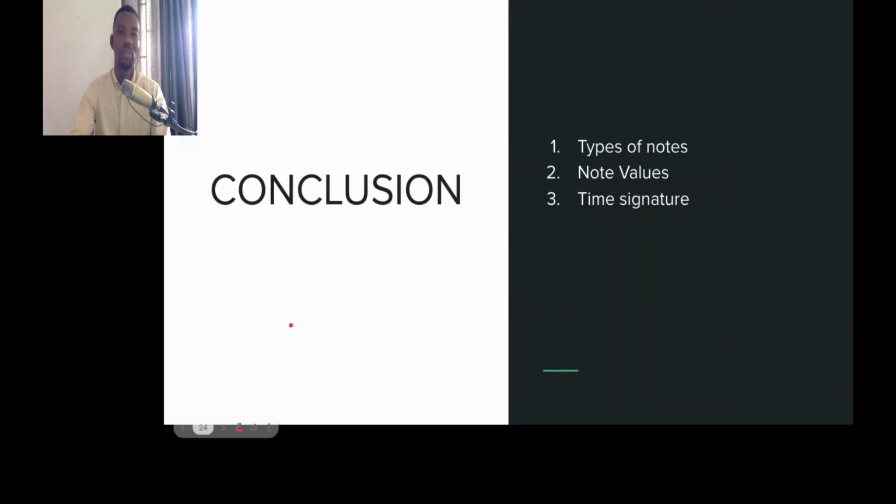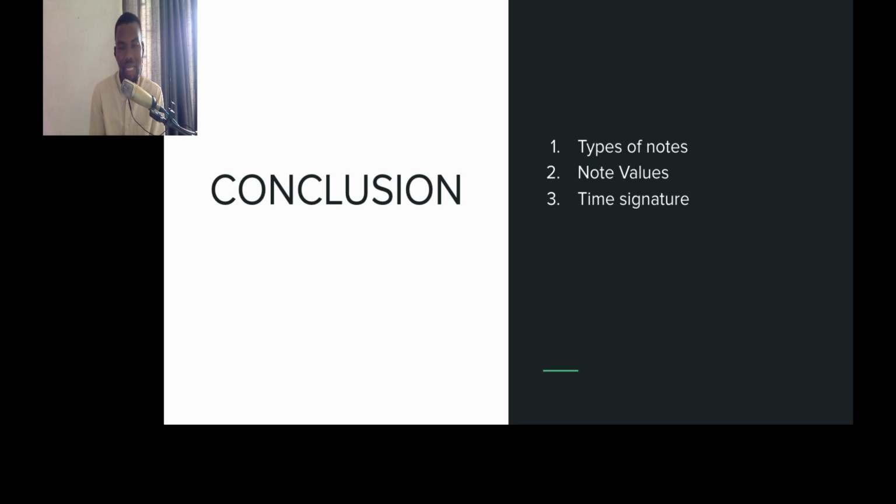So going on to the conclusion. In this lesson, we dealt with types of notes, note values, and time signatures. Types of notes tells us the basic types of notes we have. We discussed the whole notes, the half notes, the quarter notes, the 8th notes and the 16th notes.